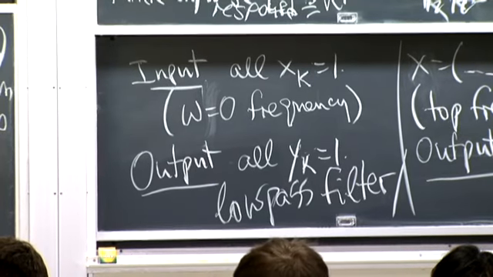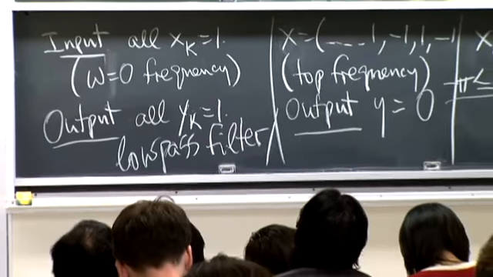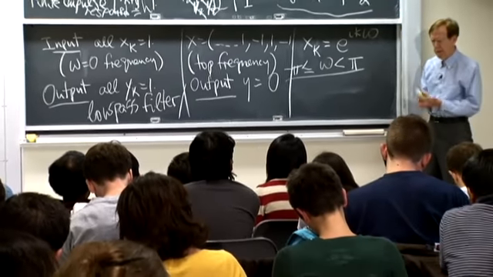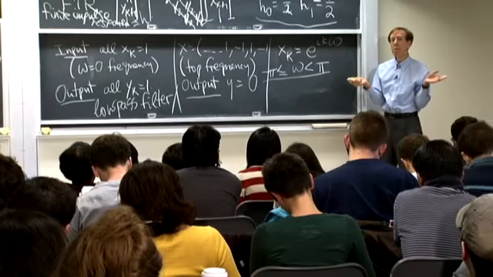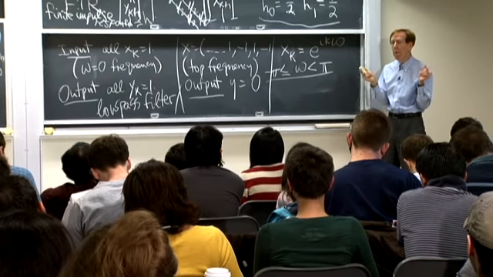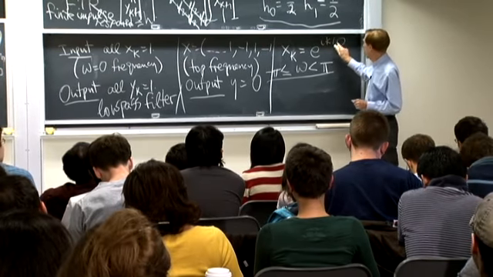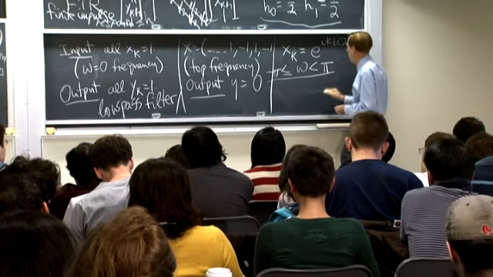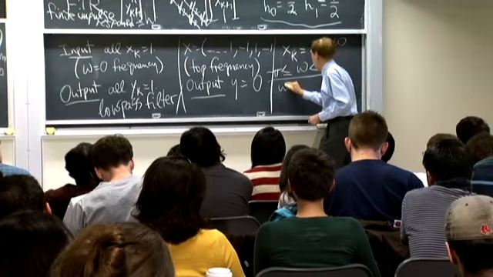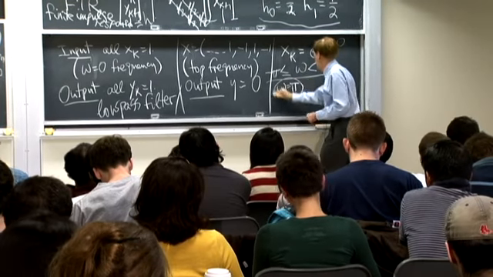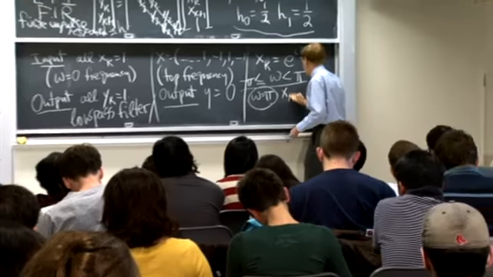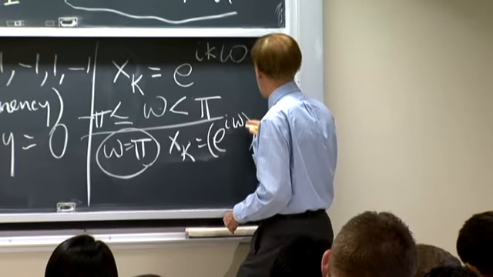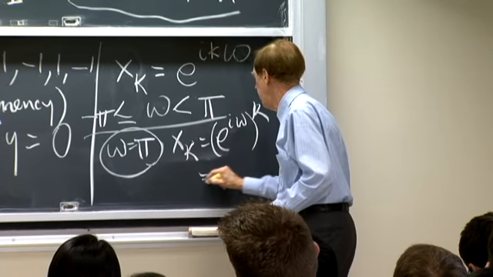What's this top frequency? 1, minus 1, 1, minus 1. What omega will give me alternating signs? Omega equal pi, right? Because if this is pi, I have e to the i pi, which is minus 1. So when omega equals pi, my inputs are e to the i omega to the kth power, but this is minus 1.